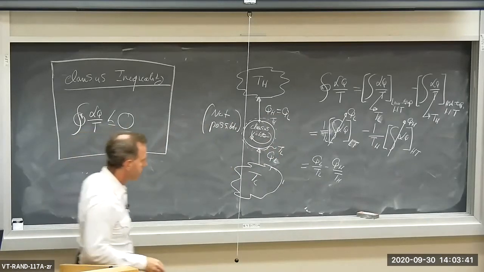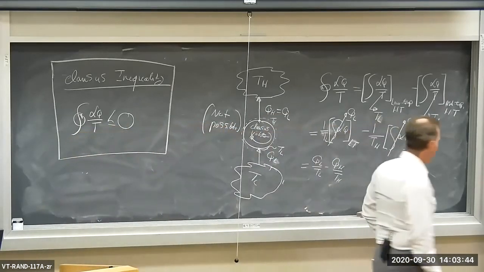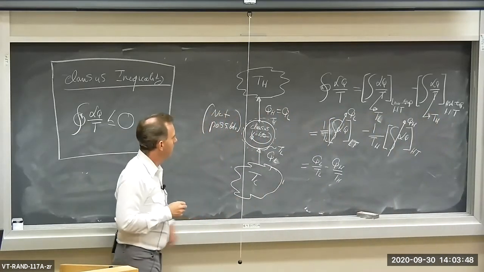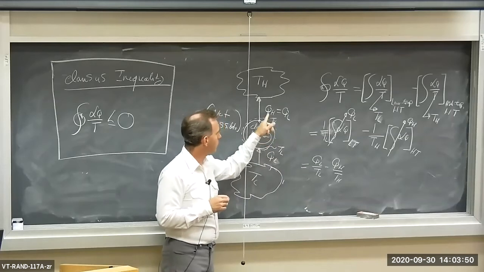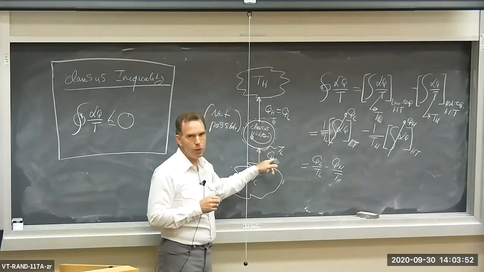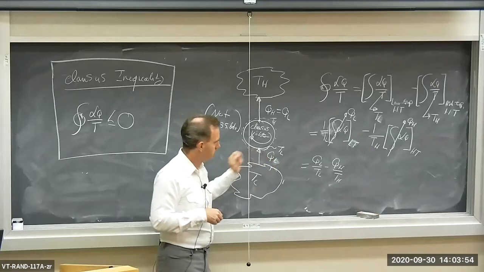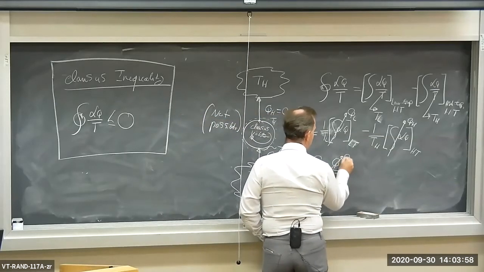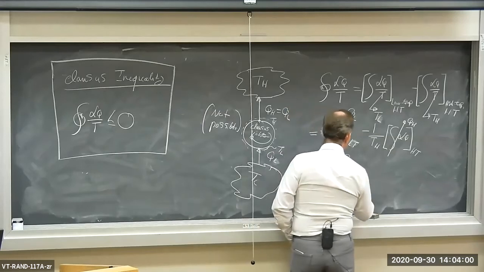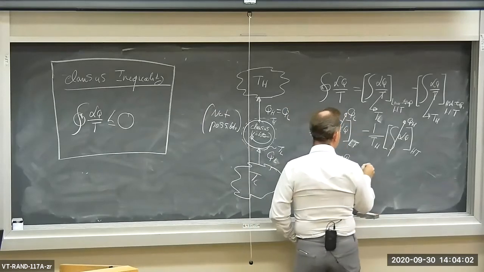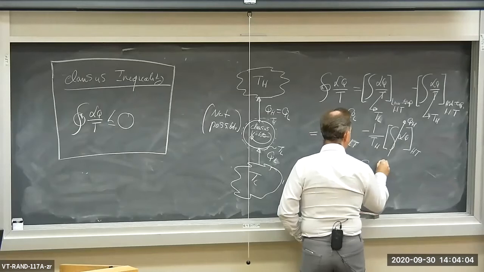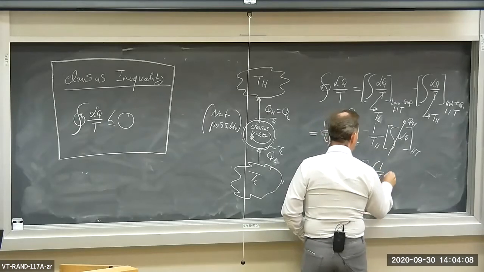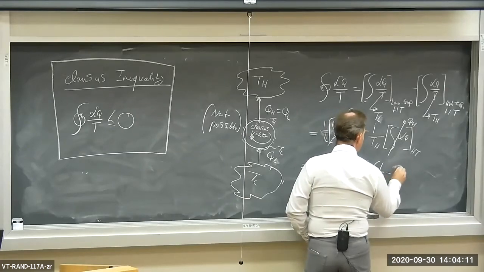Now, if you apply an energy balance to this Clausius violator, there's no work going on, so Q_H has got to be equal to Q_L. So let me factor out Q_L and write what I have left over: 1 over T_L minus 1 over T_H.